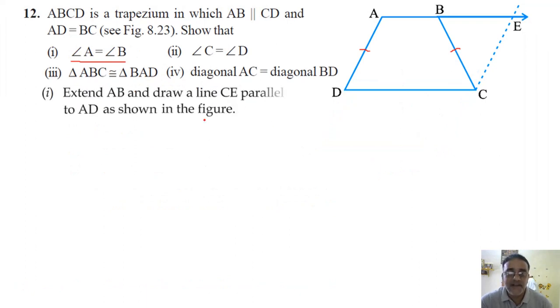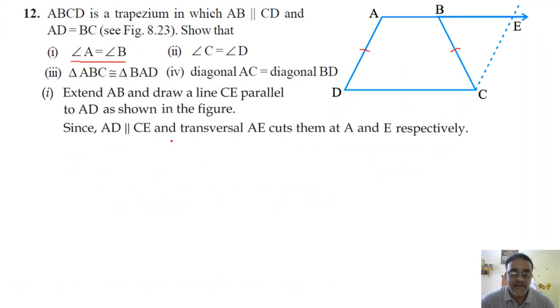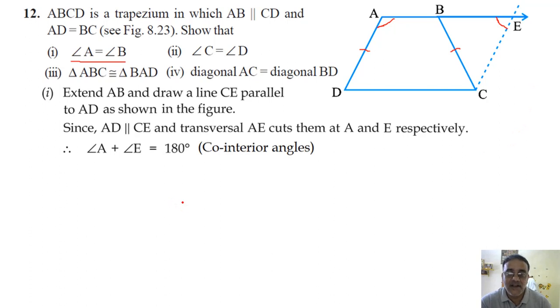Now see, this we already did. Since AD is parallel to CE and AE is a transversal, the sum of these two angles is equal to 180 degrees. Why? Co-interior angles. Now in the next step, we can shift this angle E to this side.